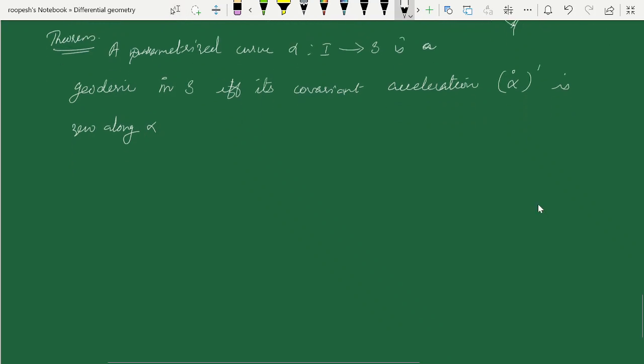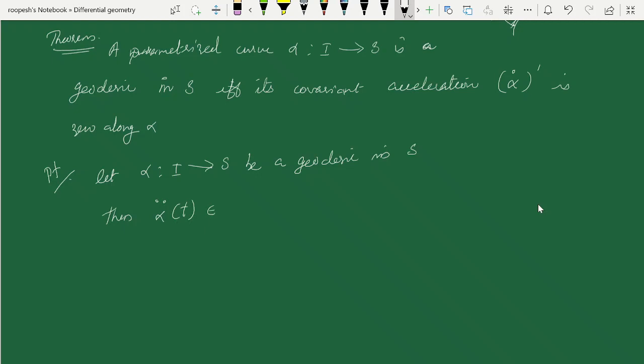Proof: let alpha from I to S be a geodesic in S. Then alpha double dot of t belongs to S of alpha of t perp. That's the normal space, right?